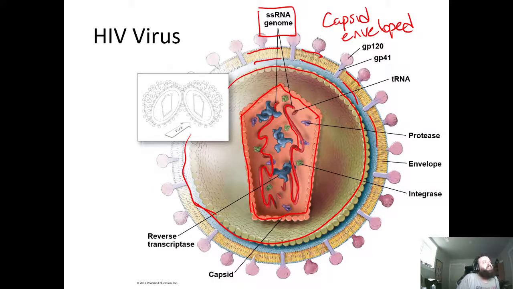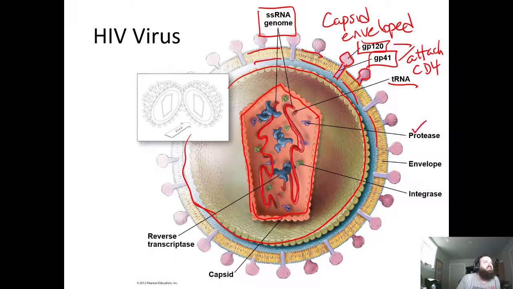And embedded within the plasma membrane are these sort of pink pillar-like proteins that are called GP120 and GP41. And these are going to be involved in the attachment stage to the CD4 receptors that we talked about earlier. Also packaged within the capsid is tRNA, which can help to some extent translate the RNA sequences.